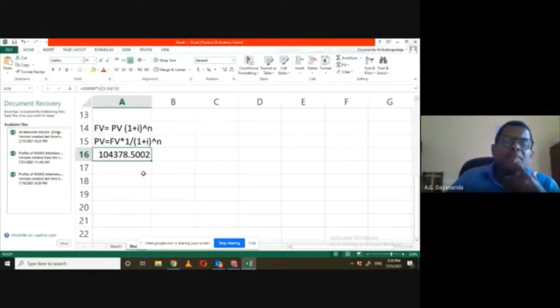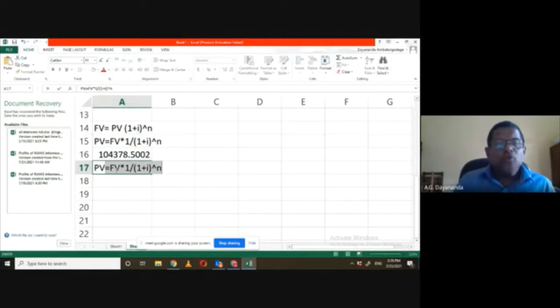So that is how you calculate manually by entering the data in your calculator, or at the examination if you are using the table. So the table method writing would be: present value equals 200,000 multiplied by the present value interest factor.